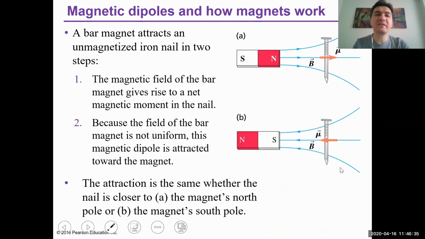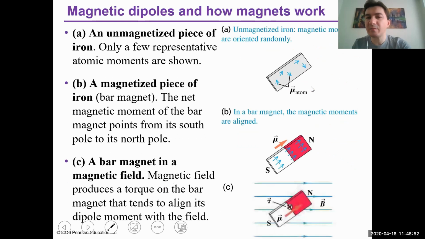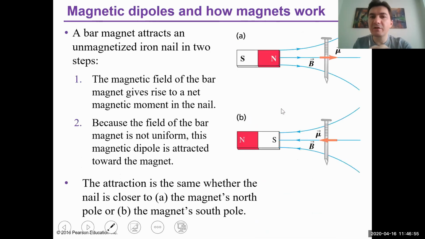Here we have another example. Here we have a permanent magnet, and there is an unmagnetized iron nail, okay? So it contains magnetic moments, but it is not magnetized at the beginning. So how could it be attracted by the magnetic poles? It happens like this. The magnetic field of the bar, here we have magnetic field lines from N to S, okay?